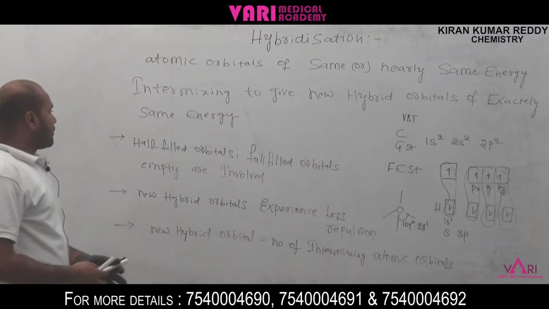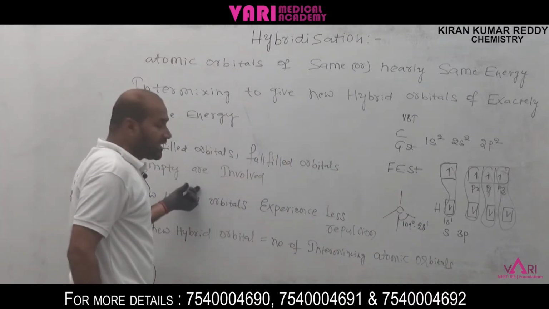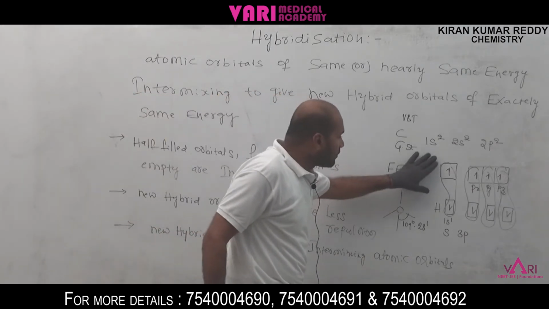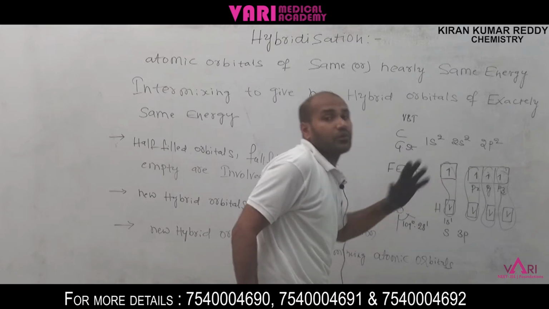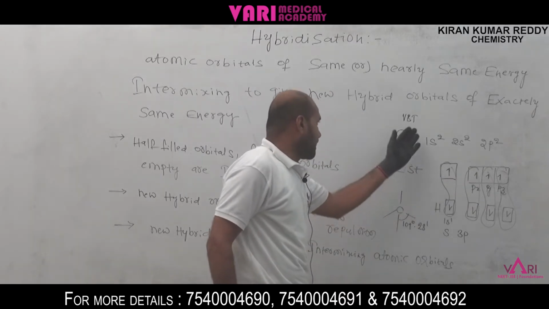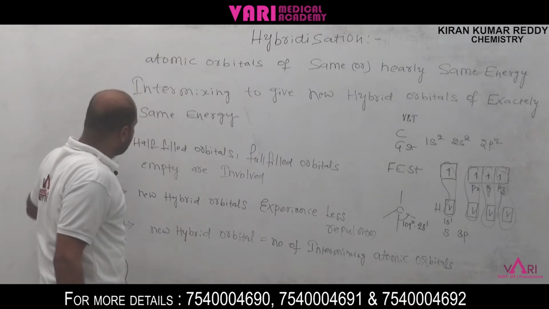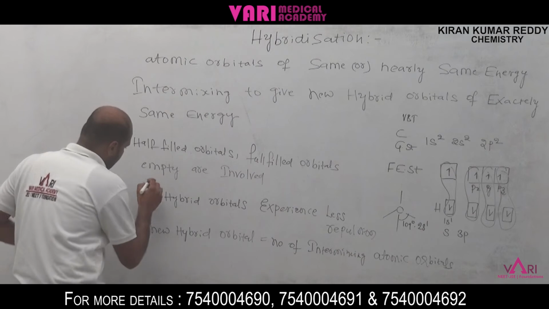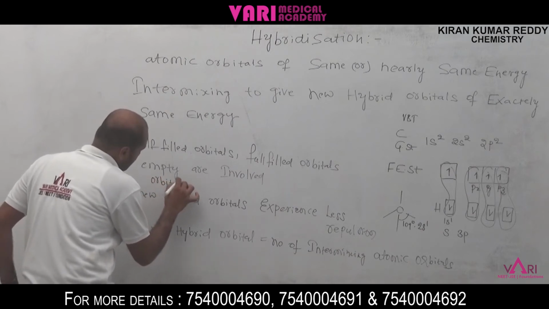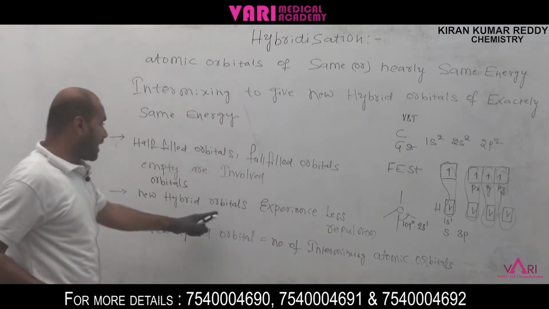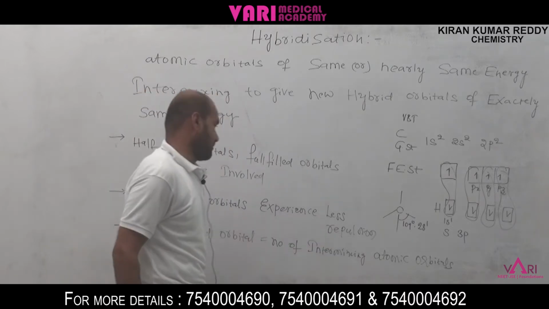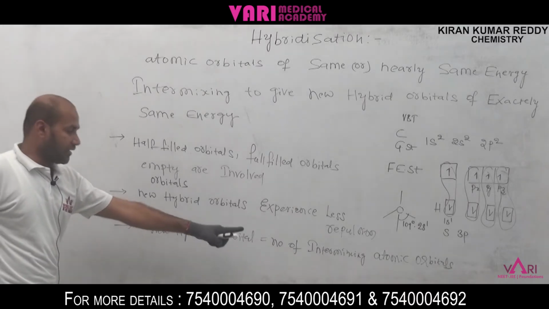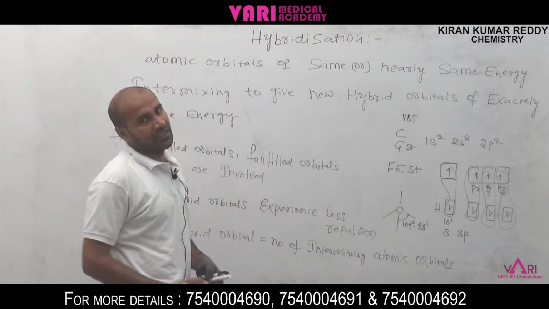In VBT, only half-filled orbitals with opposite spin are involved. According to hybridization, empty orbitals are also involved. New hybrid orbitals experience less repulsion. The number of hybrid orbitals is equal to the number of intermixing atomic orbitals.